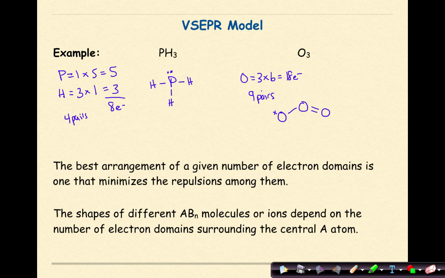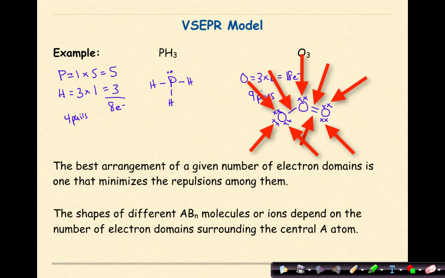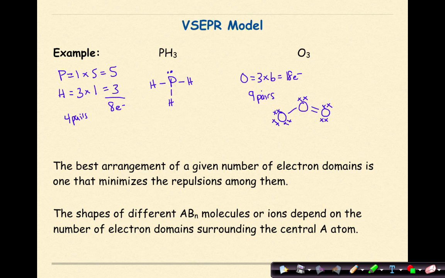This is going to have lone pairs around here, like so, and 2 lone pairs around here, and then 1 lone pair up here. So if I was to count up the number of electron domains here, I'd say 1, 2, 3, 4, 5, 6, 7, 8, 9. 9 electron domains.